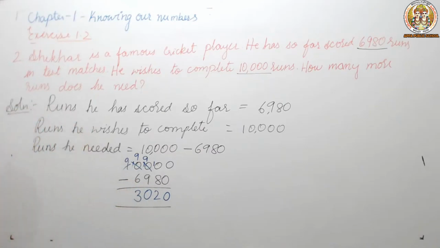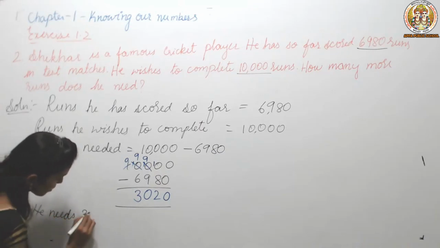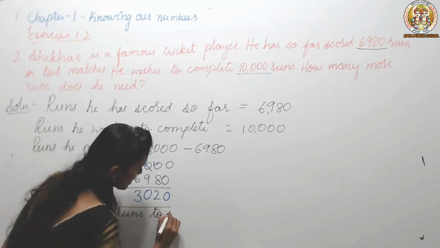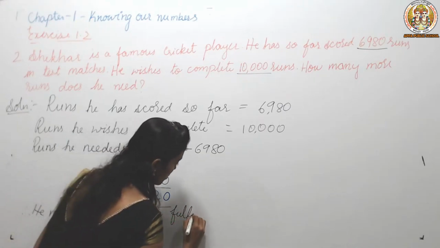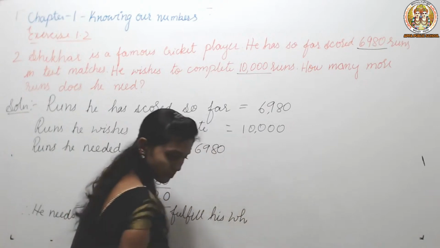So, therefore, he needs 3,020 runs. Therefore, he needs 3,020 runs to fulfill his wish.